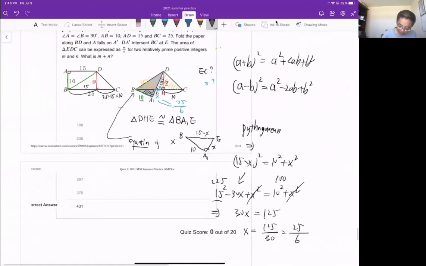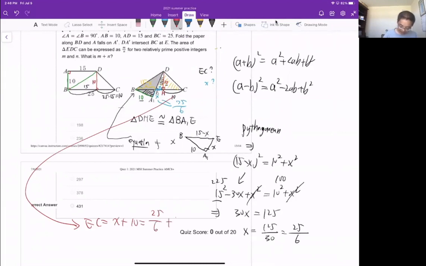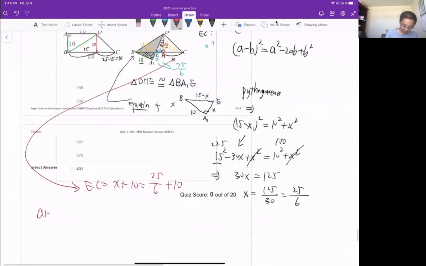All right, and then we get EC. From here, we can deduce EC is X plus 10. So it's 25 over 6 plus 10. And then we calculate the area.